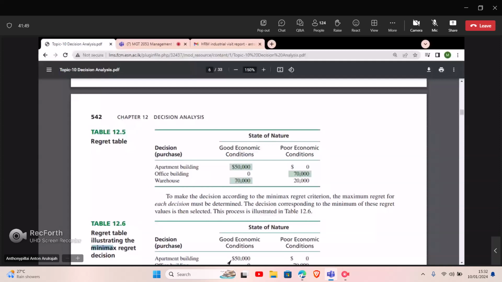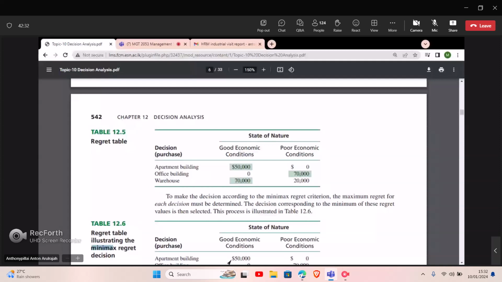Say for example, 1 minus alpha. So if alpha value is given, then we have to take 1 minus alpha. You see here, the values are 0.6, 0.4, 0.6, 0.4, 0.6. The criteria requires each maximum payoff to be multiplied by alpha and the minimum payoff to be multiplied by 1 minus alpha.